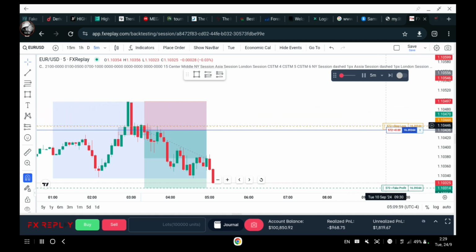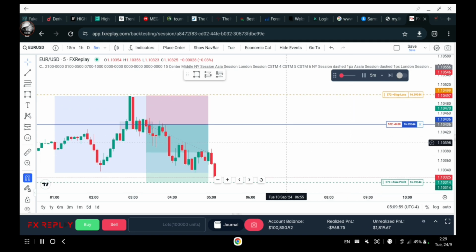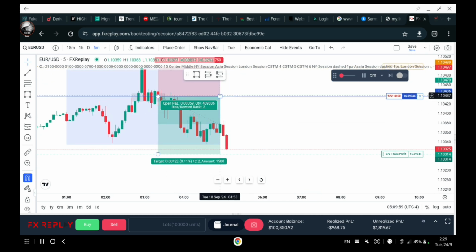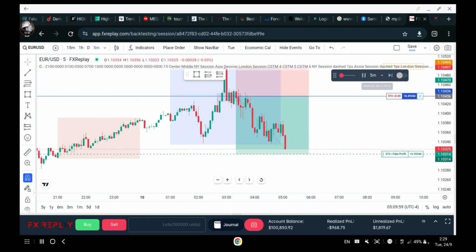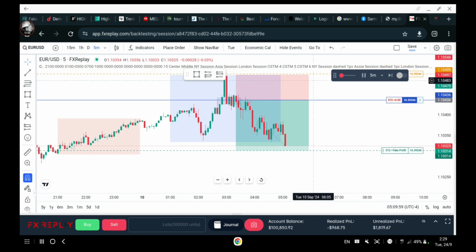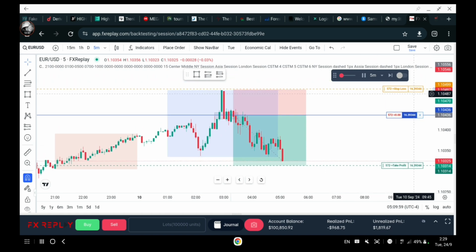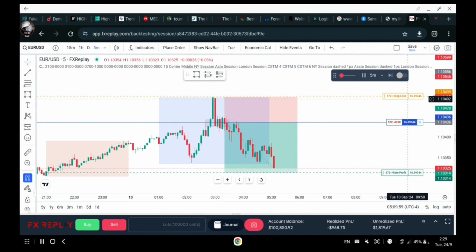Let's just leave it like that. See what will happen if we just hold to take profit or to stop loss. But in normal cases, I would break even this trade. So let me just break even. Don't really know the outcome. But when price is close to TP, there's no need to hold just like that.